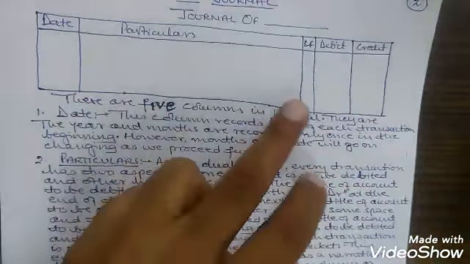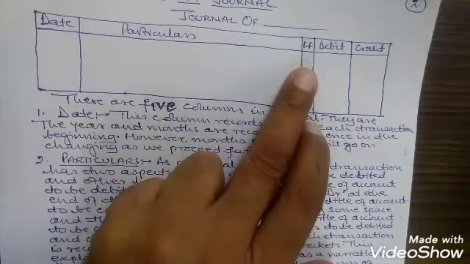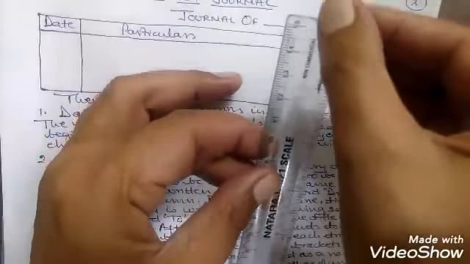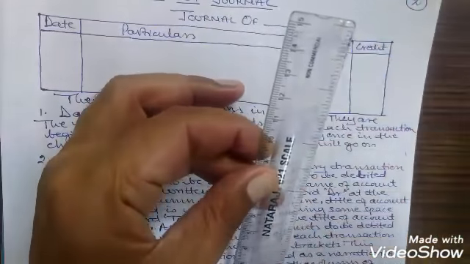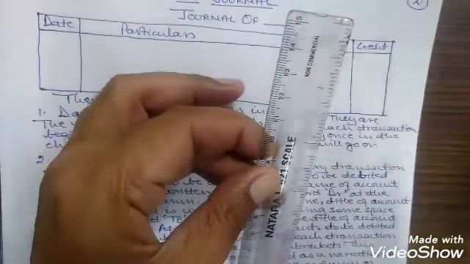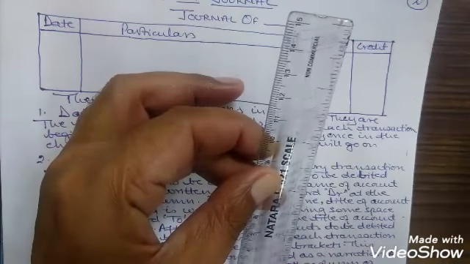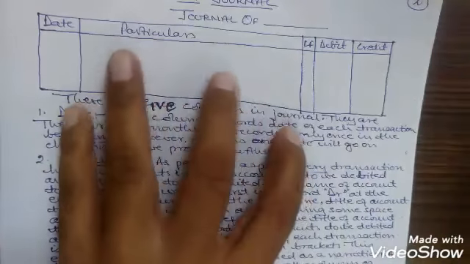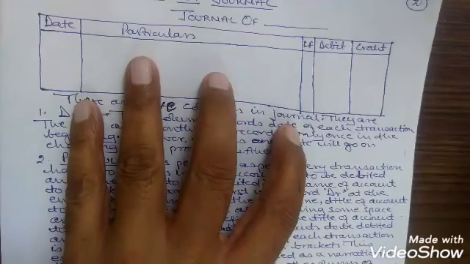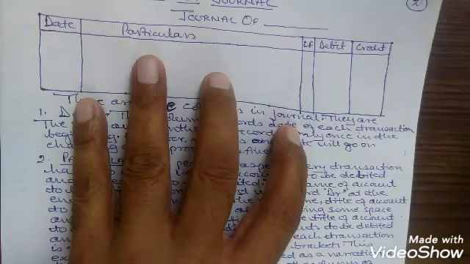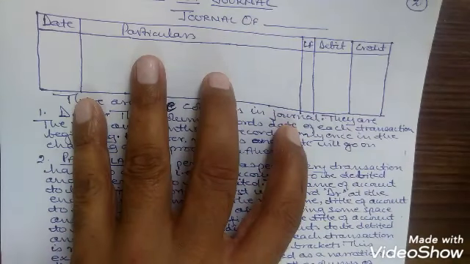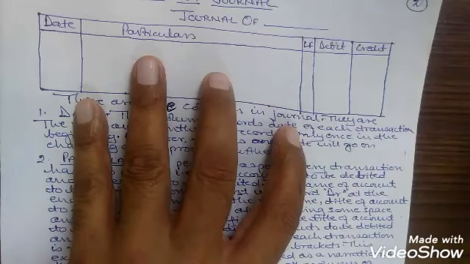The smallest should be your ledger folio column, half of it, or just a part of the half of the width of the scale, and whatever is the balance should be given to the particulars, because in the particulars you have to write down the journal entry and you have to write a narration, that is the explanation why you have passed this entry, giving the reason of passing the entry.